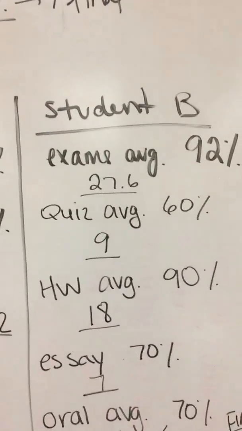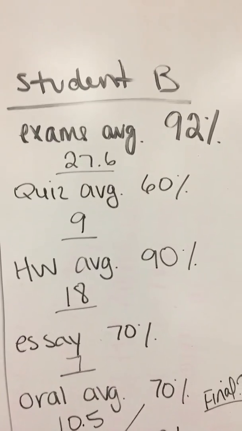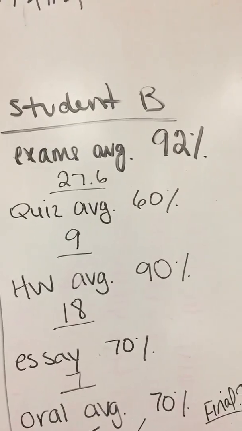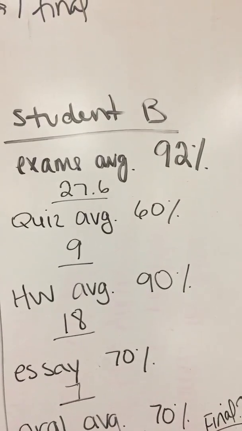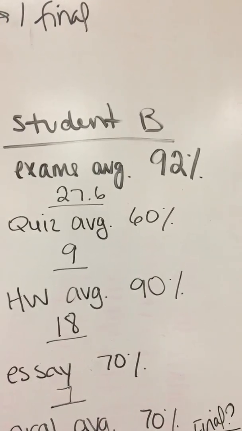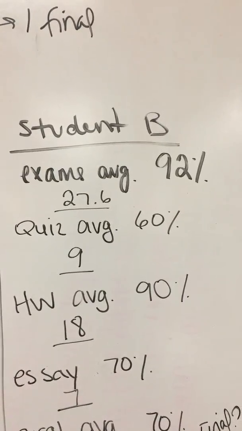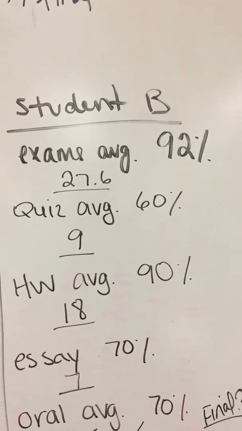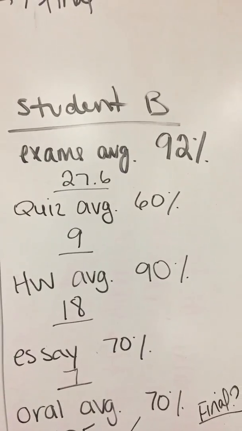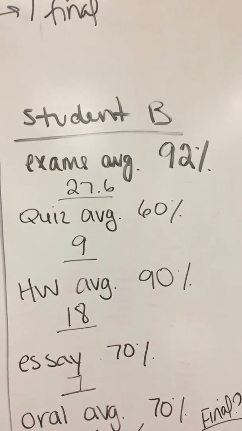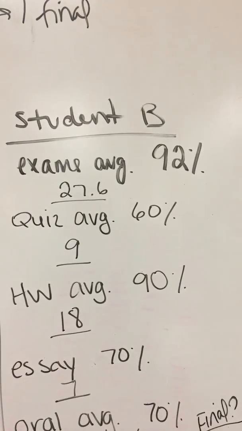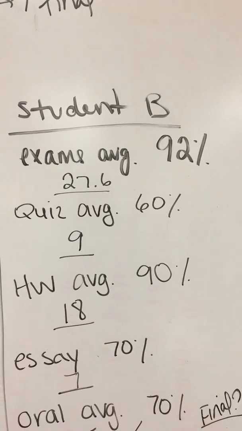So here we go, student B. They did very good on exams. Their exam average is a 92%. If you multiply 92, that's the average of their 3 exams, by 0.3, you're going to get 27.6 points. Their quiz average is a 60%. The 60 multiplied by 15% of the worth of quizzes, you're going to get 9 points.